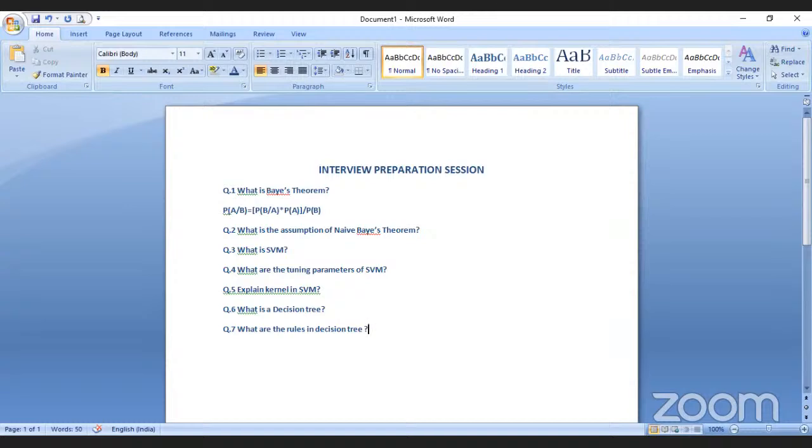As it is a tree structure, it starts from the root node and ends at a leaf node. So that path represents the classification rule. This is the rule for a decision tree.